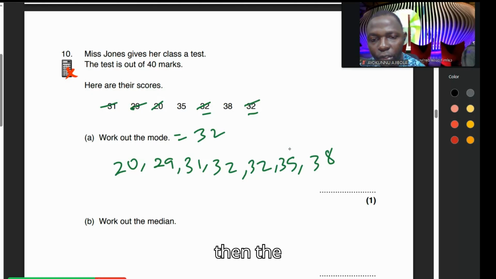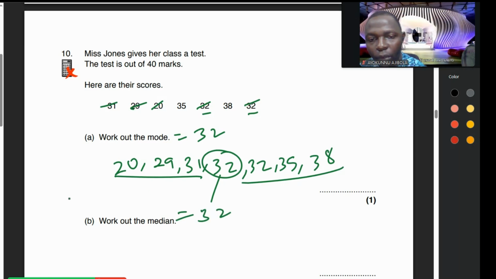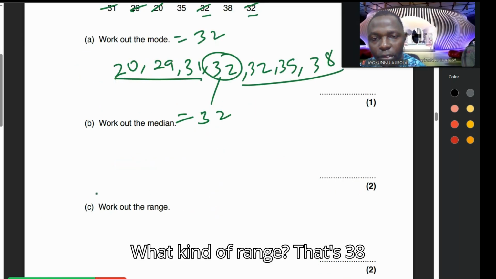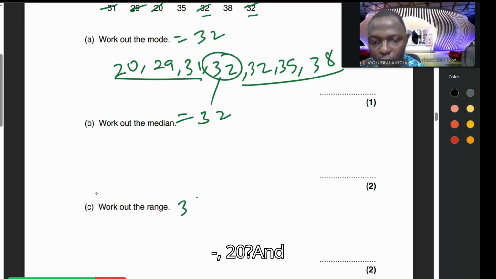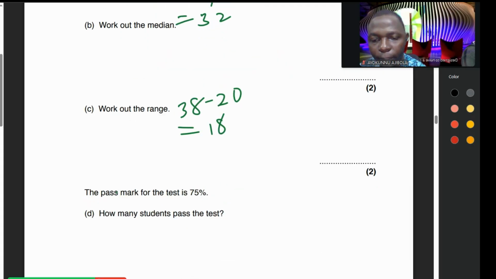There are 7, so the median is 32. Look at the range. That's 38 minus 20, and that'll be 18.